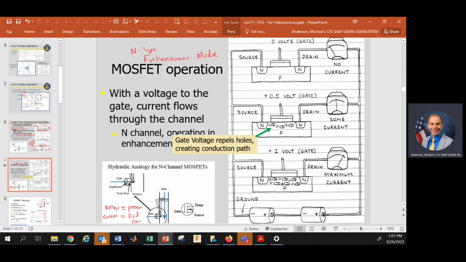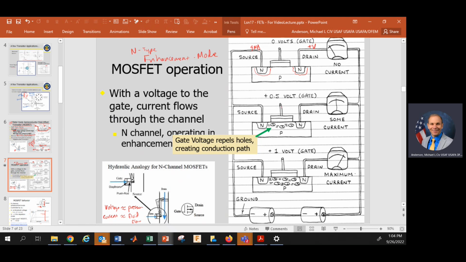And when you make that, it creates a depletion region around these regions where these PN junctions are. In this scenario, you've got a big voltage here, and this is ground. With no voltage at the gate, current can't flow because there's a depletion region here that prevents current from jumping across. That's what I draw in there.